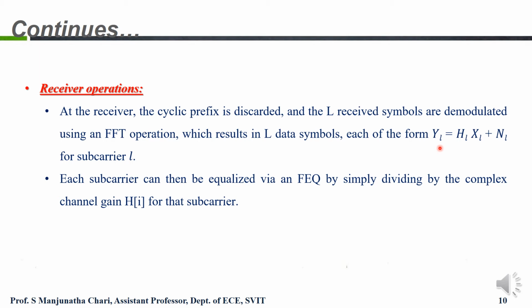Here l is the subcarrier, and each and every subcarrier will have a different impulse response, and in each channel we will have the OFDM symbols, which in turn are added up with the noise. So we will use frequency equalizers at the end in order to get the complex channel gain, that is h[l], for the subcarriers.